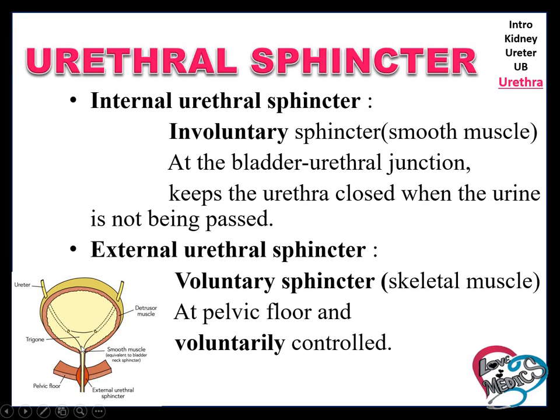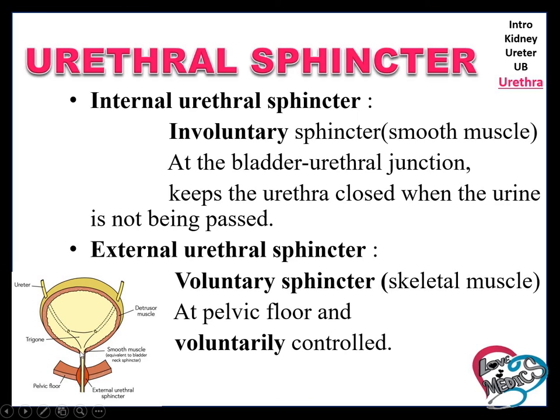How is it possible? It is possible because of the urethral sphincters. Two urethral sphincters are present: one is the internal urethral sphincter, another one is the external urethral sphincter. The internal urethral sphincter is an involuntary sphincter, located at the bladder and urethral junction.